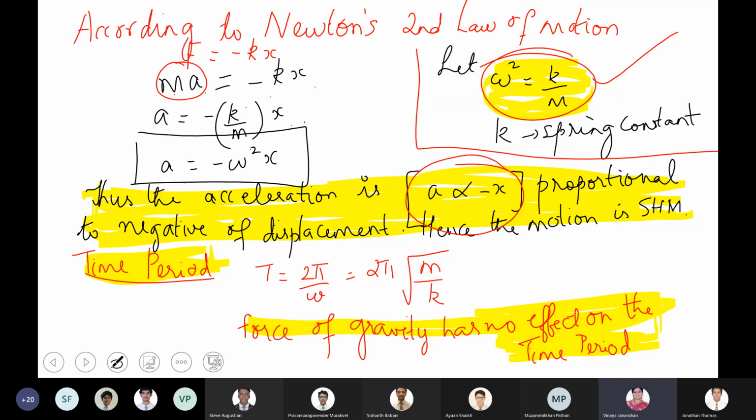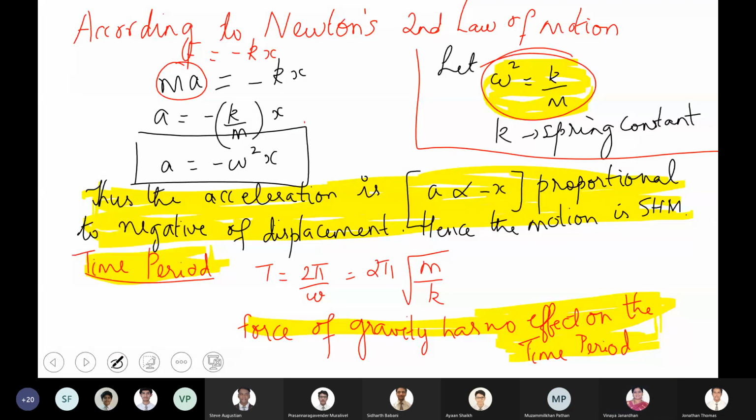If this is the case, then the motion is said to be simple harmonic. Then the time period T is equal to 2 pi by omega. Omega squared is k by m, so taking the reciprocal, T is 2 pi times the root of m by k. Here the time period doesn't have any factor related to g, the acceleration due to gravity.